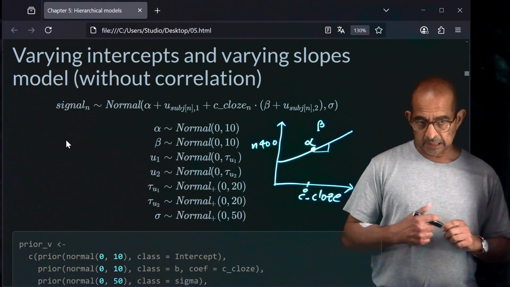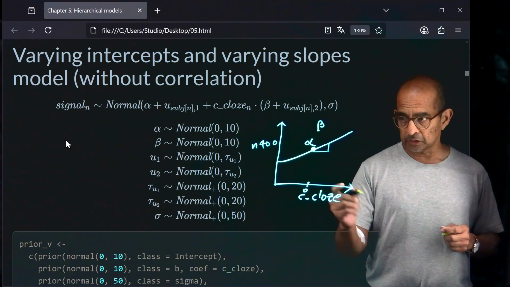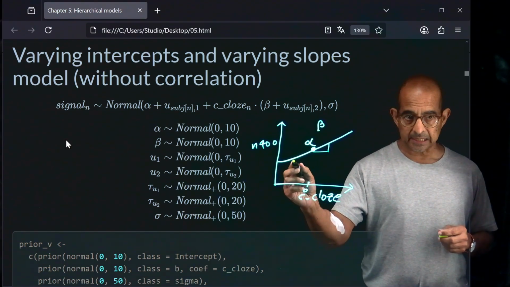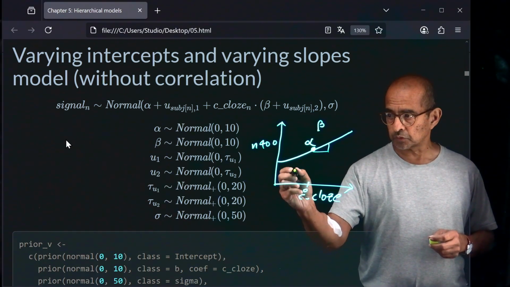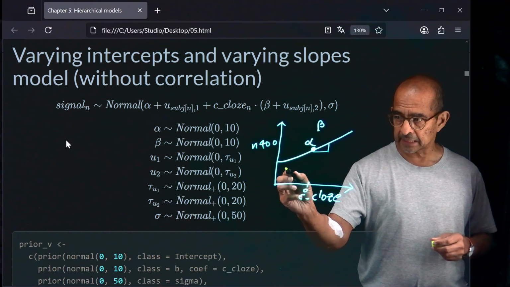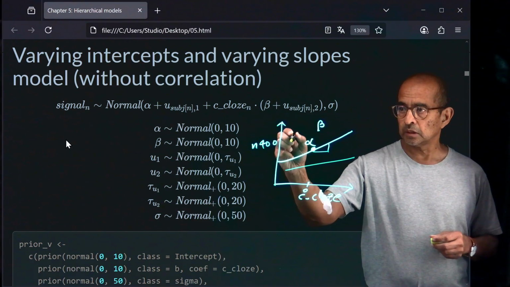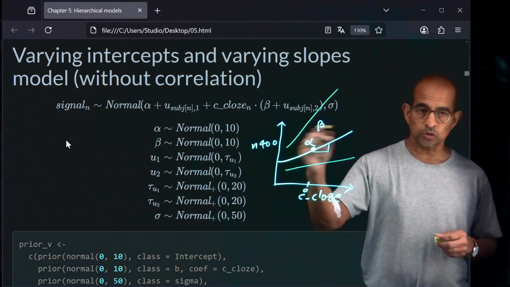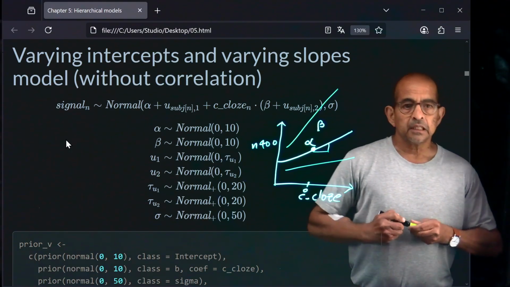The second model that I fit was the no pooling model, and the no pooling model fit a separate linear regression for each participant, right? So for subject 1, I might have this line. For subject 2, I might have this line, and so on. So there will be different lines for each participant.